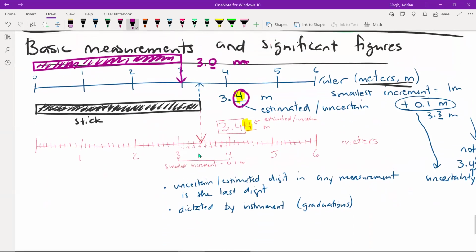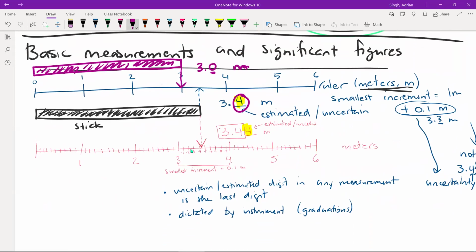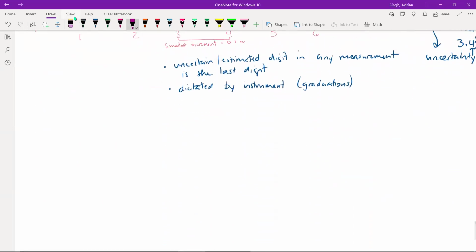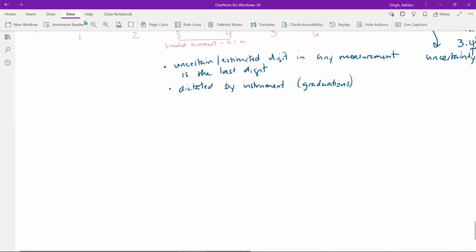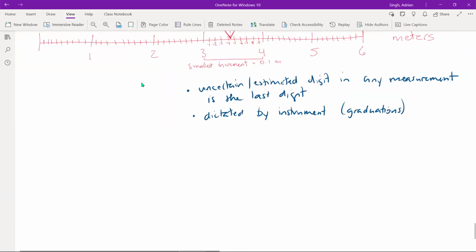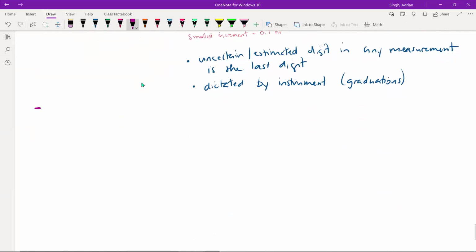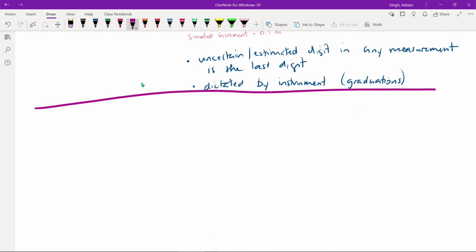That applies not only to measuring things like length, but also, for example, to measuring things like volumes. So when we eventually get to lab and we start measuring volumes of liquids or solutions, we may use a volume measuring device like something known as a graduated cylinder.